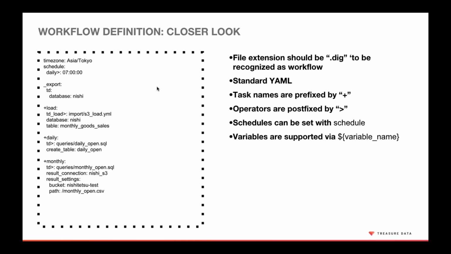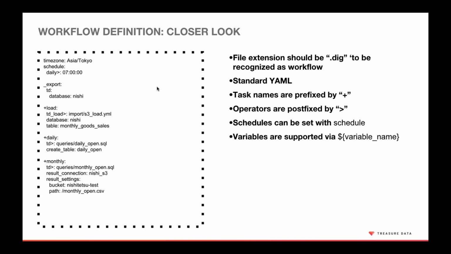So the first task, the load task, looks to be loading from an S3 bucket to a table called monthly goods sales. And then the second one runs a query and creates a table with the results from that query. And then the last task executes another query and takes the results from that query and writes them back out to an S3 bucket.